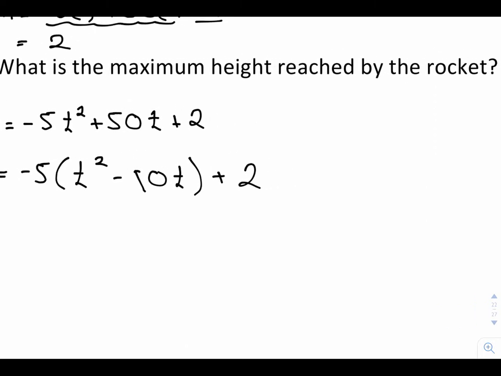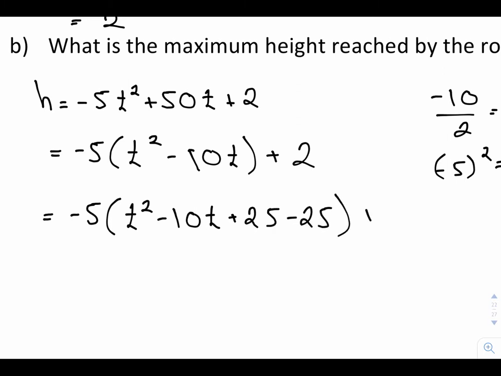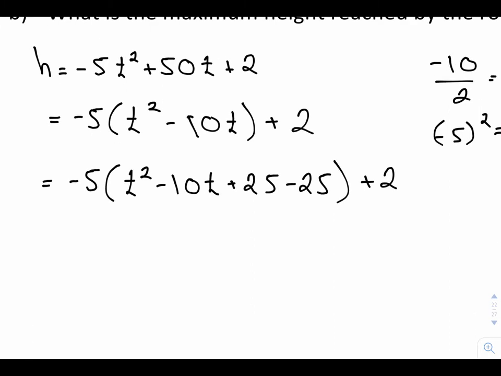Off to the side now, I take that negative 10, I divide it by 2, which gives me negative 5, which I then square. And the result of that square, which is 25, I add and subtract inside the brackets. So what I'm left with here is negative 5, open bracket, t squared minus 10t, then I have a plus 25, and I have a minus 25, close bracket, plus 2. And I'm almost done.